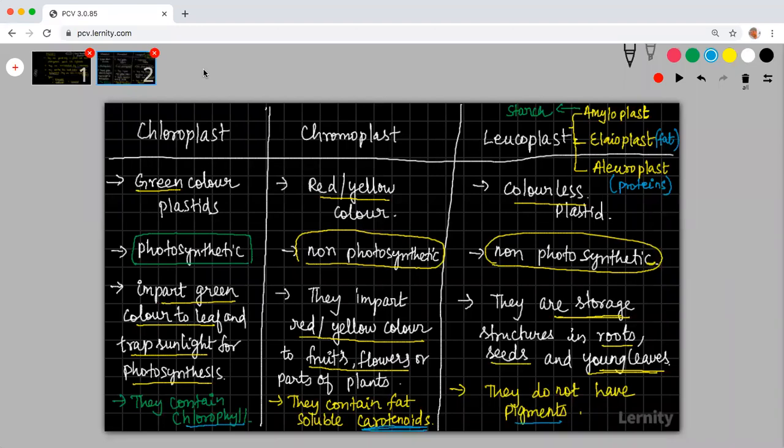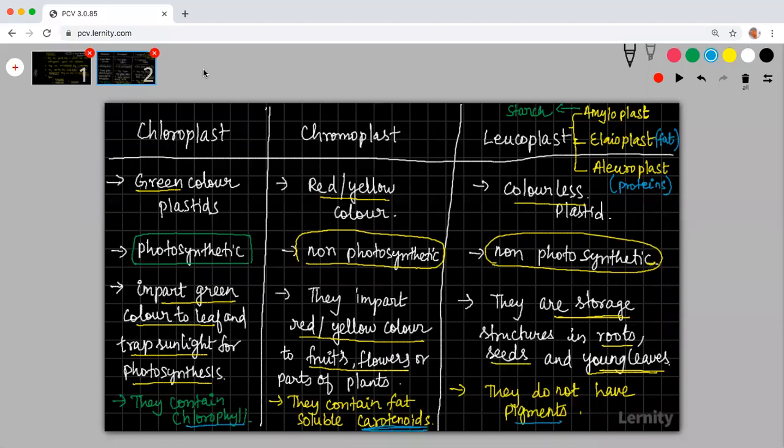Someone is asking me, sir, leaves do not contain chromoplast, then why do we see yellow leaves? That is because of a condition which we call chlorosis. The chlorophyll will start to die. When the chlorophyll is starting to die, chlorosis will occur. It can happen because of magnesium deficiency or deficiency of certain other nutrients. When it is happening, the chlorophyll molecules will not be sufficiently produced.